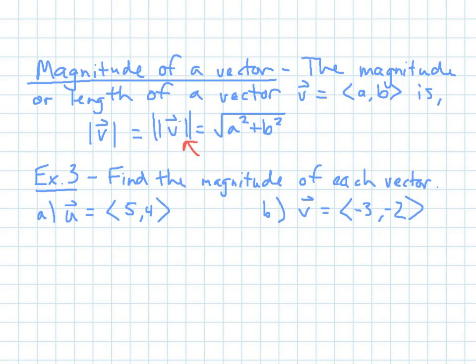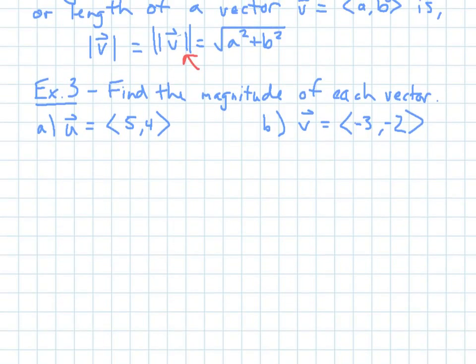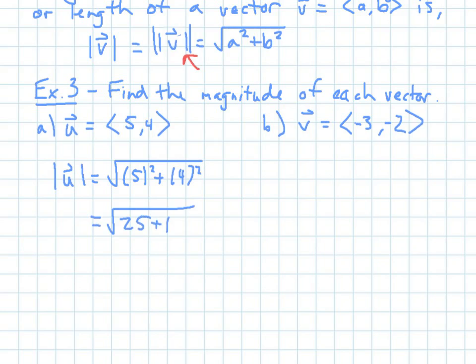Okay, so it's almost like solving for a Pythagorean identity, where you take the square root of a squared plus b squared to find the hypotenuse side, basically. So if I'm looking at this vector 5, 4, then I want to take the square root of 5 squared plus 4 squared. And that gives me 25 plus 16.